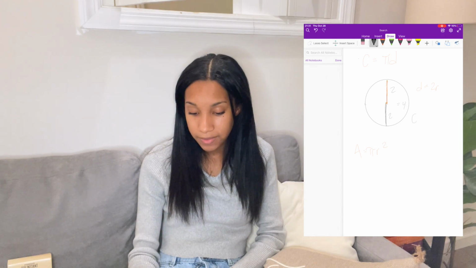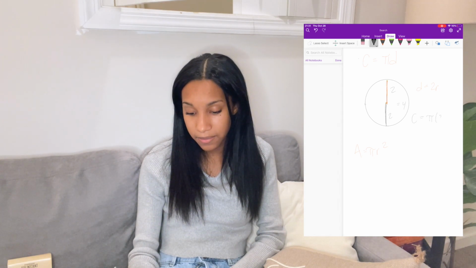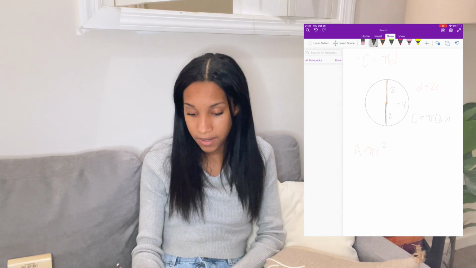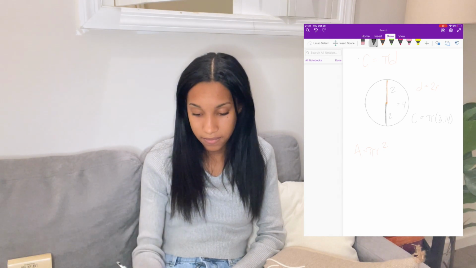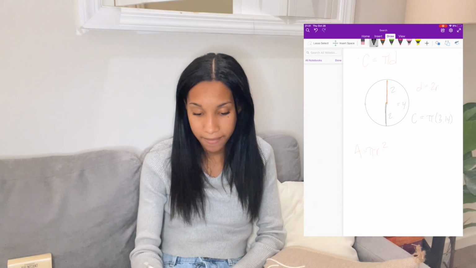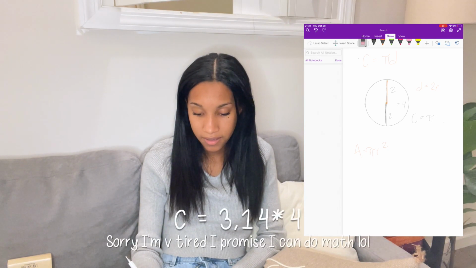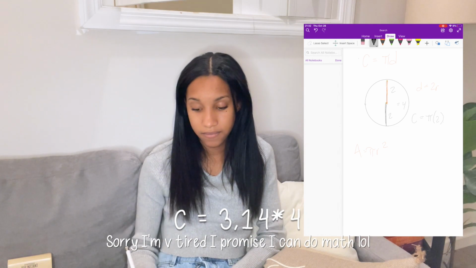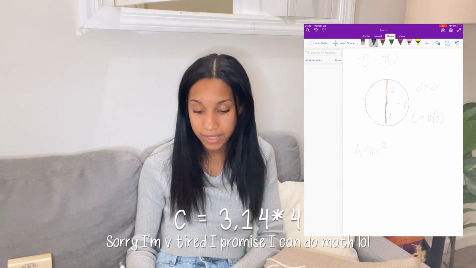So your circumference would be pi, they're going to tell you to use 3.14, and then multiply that by the diameter, which is going to be 4, and that's going to be your circumference.